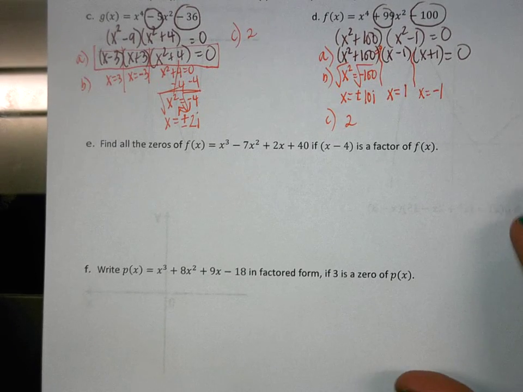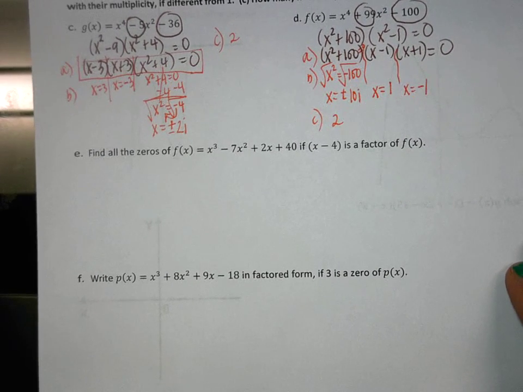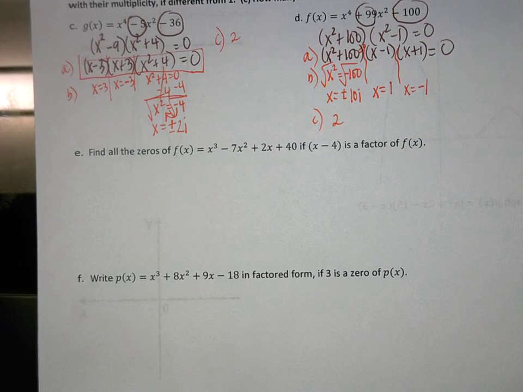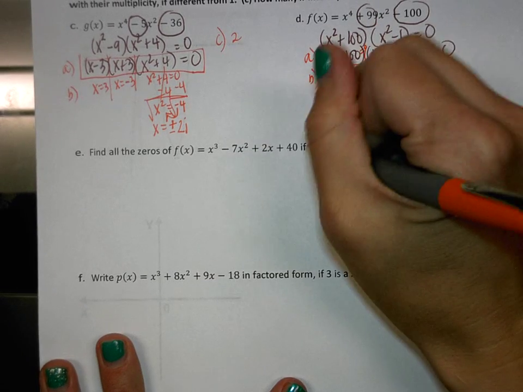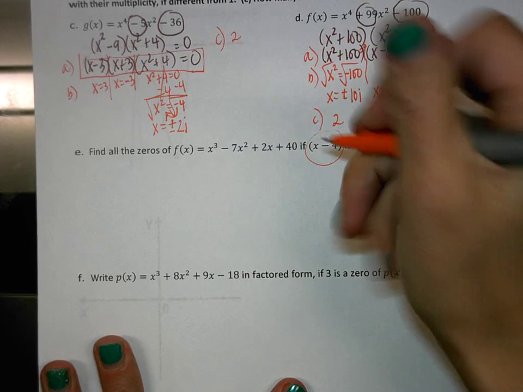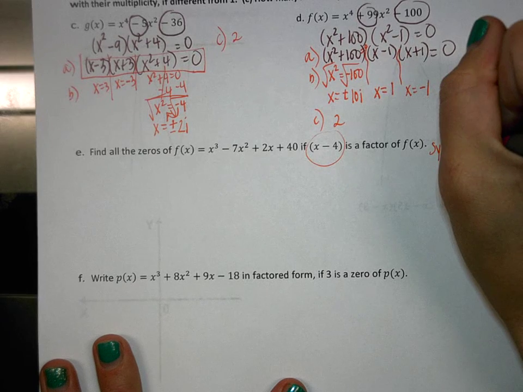Find all the zeros for this function if x minus 4 is a factor. Now, anytime they tell you that x minus 4 is a factor, it is best to use synthetic division.